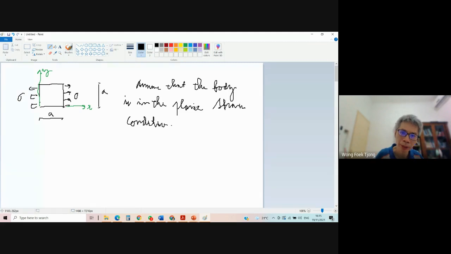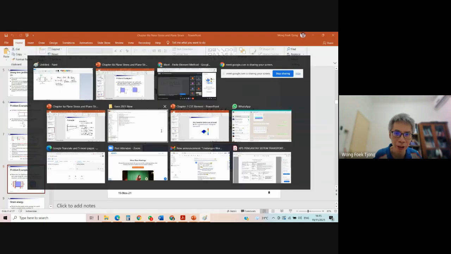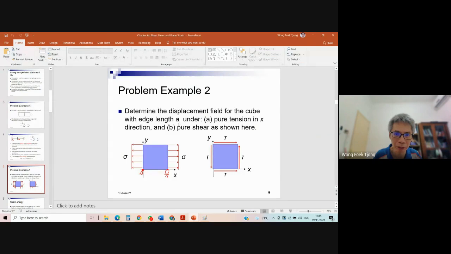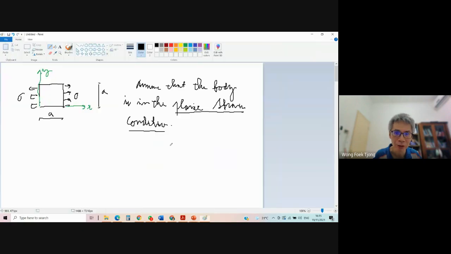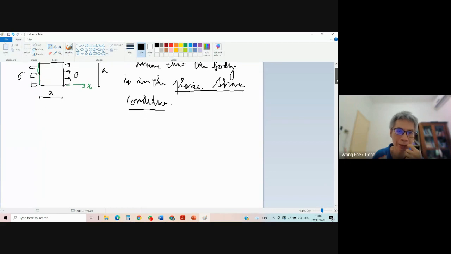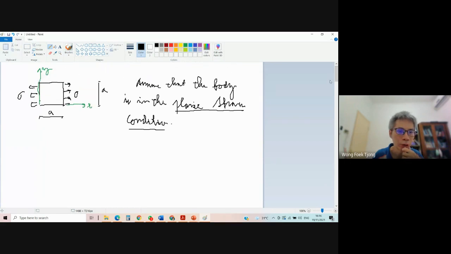I assume like that, because here there is no information whether it's plane stress or plane strain, so we must take some assumptions. So what should we do? In the plane strain condition, we should begin from the stress information.